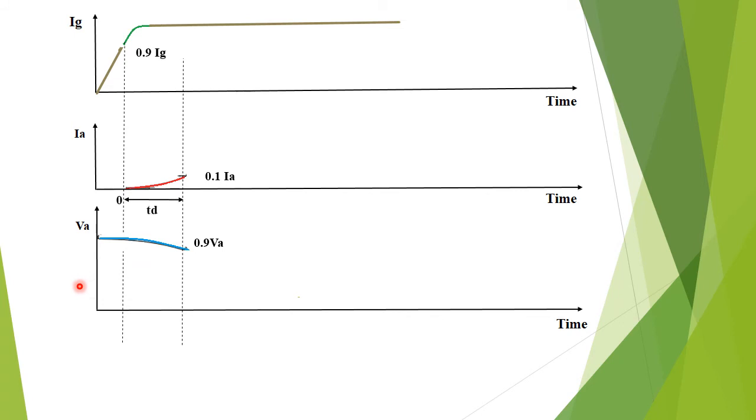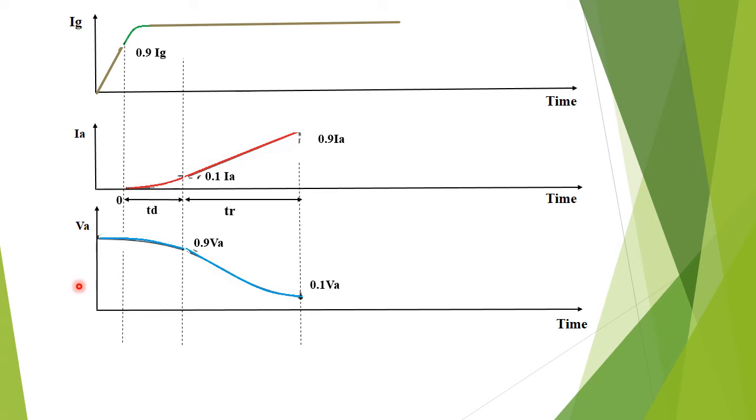Again the current will start increasing from 0.1 IA to 0.9 IA. At the same time the voltage will fall further from 0.9 VA to 0.1 VA. This time period is defined as the rise time.